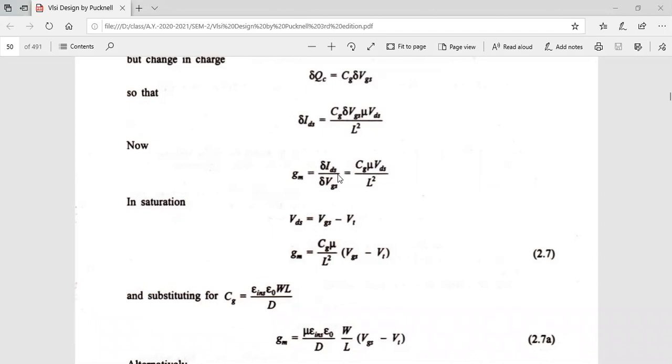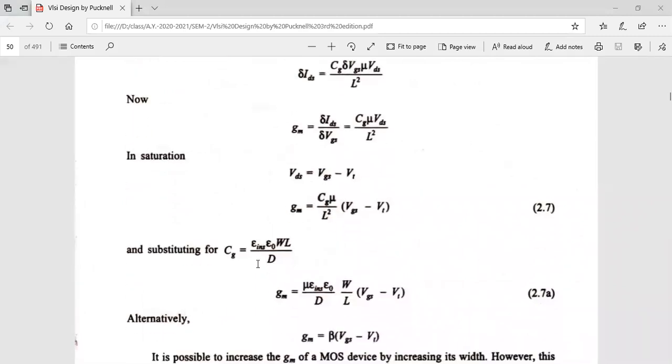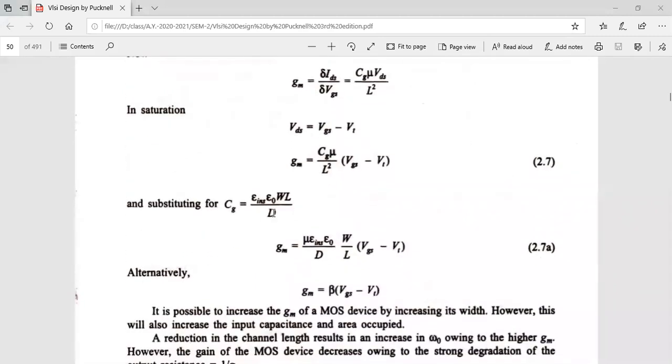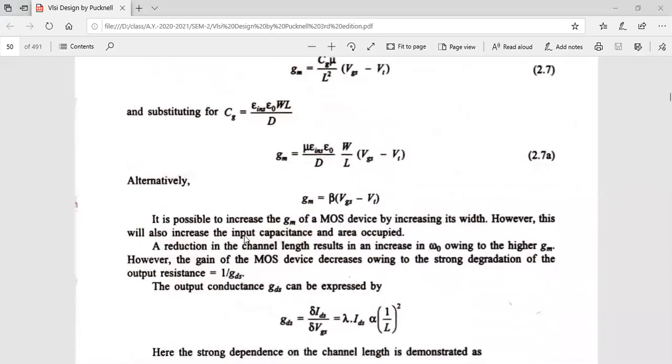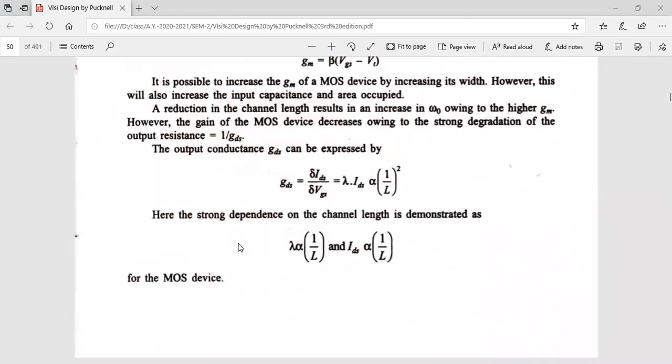We can have the value like that for VDS, and the same thing can be substituted in the above equation to get this 2.7 equation. We can also substitute the values for CZ, which we have seen in the calculation of IDS versus VDS relationships. So we are simply modifying the equation by substituting different values, right?